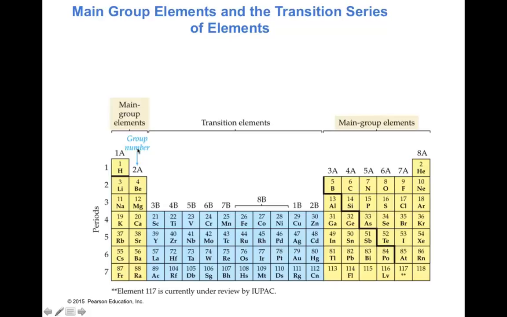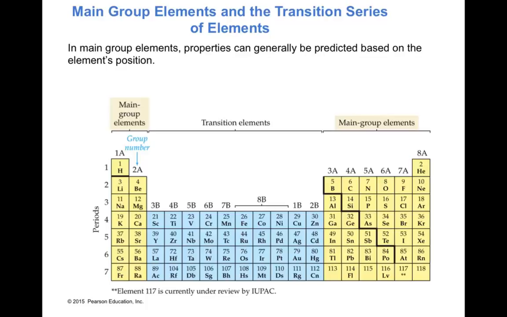So this is group 1A, 2A, 3A, 4A, and so on. Meanwhile, the transition metals, here in blue, also have an assigned number and a letter. The transition metals are in the letter B, with the numbers 3, 4, 5, 6, 7, while the main group elements are with the number and the letter A.